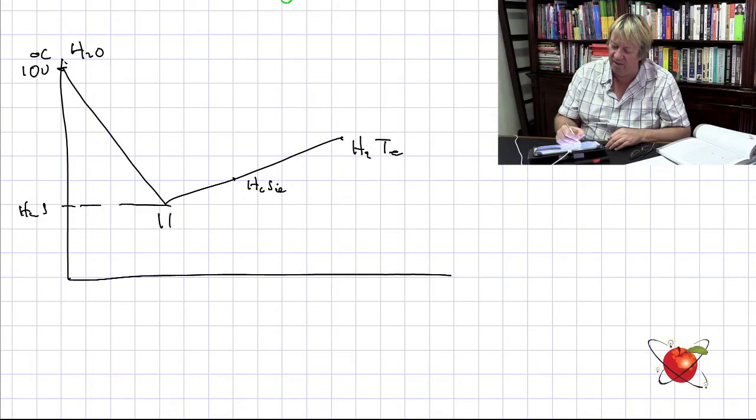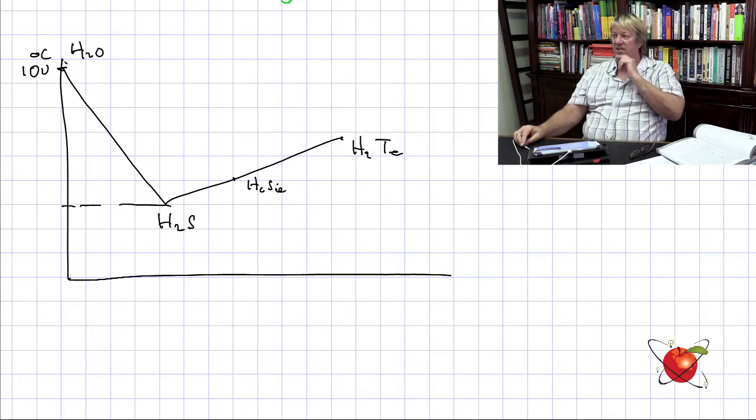You will see that we've got oxygen, sulfur, H2S, which is the bottom one over here. H2S, you've got oxygen, sulfur, selenium and tellurium, and polonium below it, right?